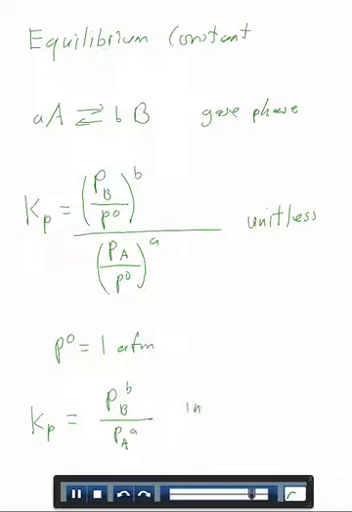So we do this in practice, leaving out the standard pressure, but realizing numerically it's the same, but the units don't all cancel if A and B are different. But we just neglect that fact because we're just writing like this for convenience.